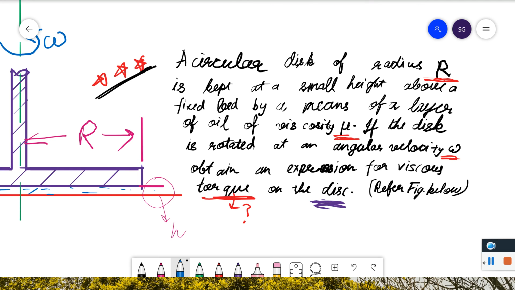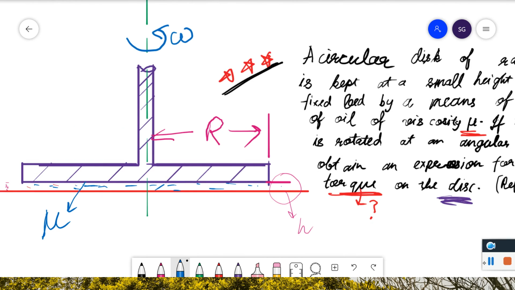So first of all we need to see one thing, that many of the students get confused about where to integrate and where not to integrate. See, I will tell you one concept: what does torque mean? Force into radius, that's it. Torque at specific points, we can find by force into radius.